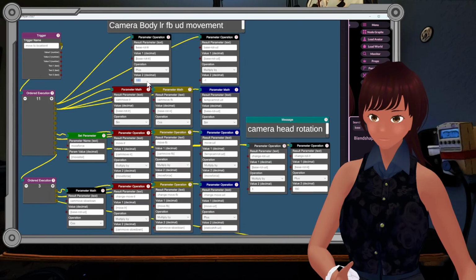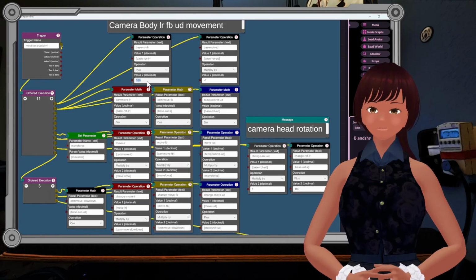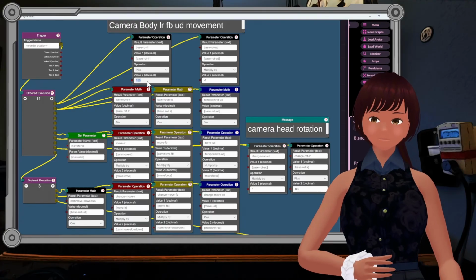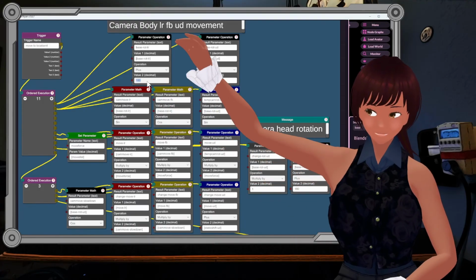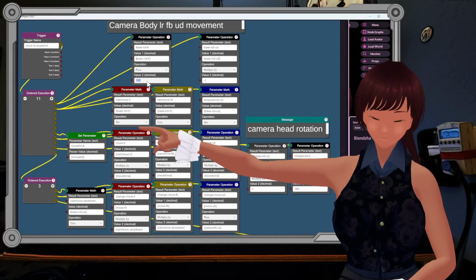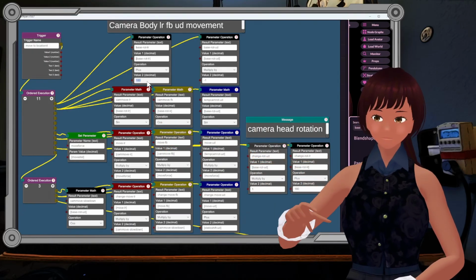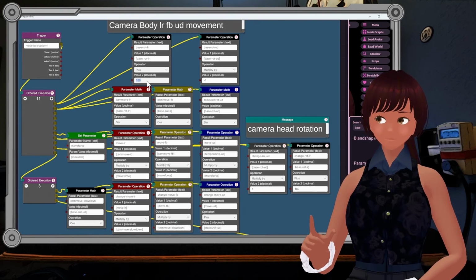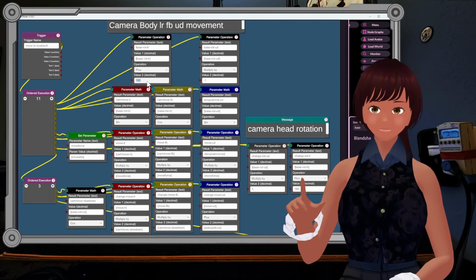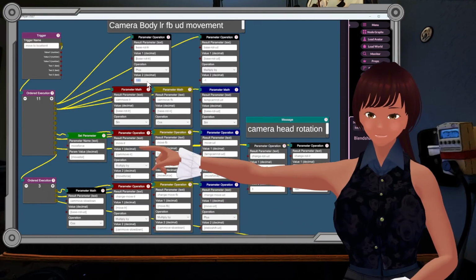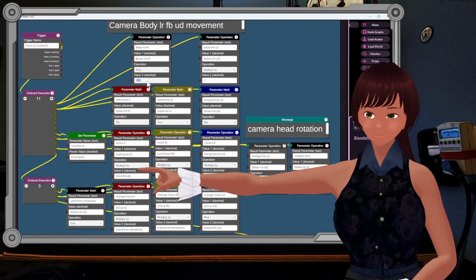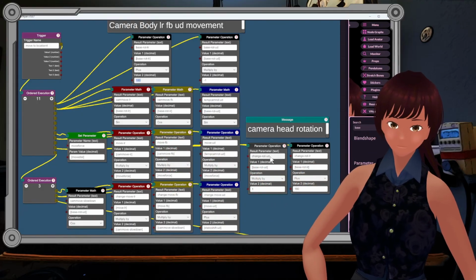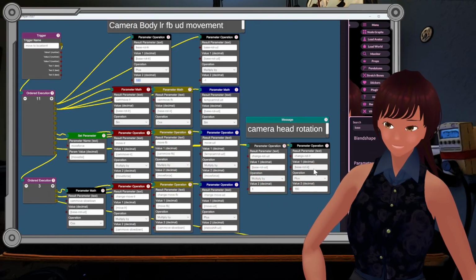Now, the astute of you will have noticed that this one over here is way up there at the top of an ordered execution. And this one down here is way down here after other stuff happens. But still base rotation, right?